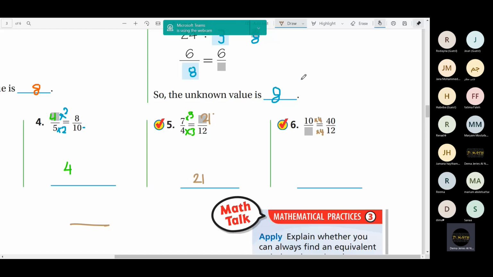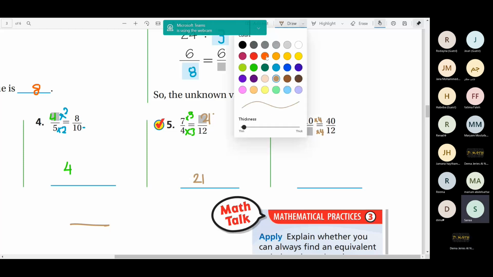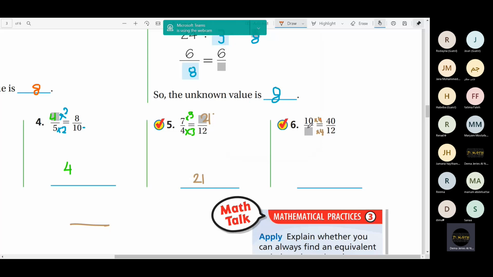See, to 10, you said by 4 gives you 40. So what's the number that you multiply by 4 to give you 12? 3. Bravo. So it's going to be 10 over 3. Okay, now I understand. Thank you.